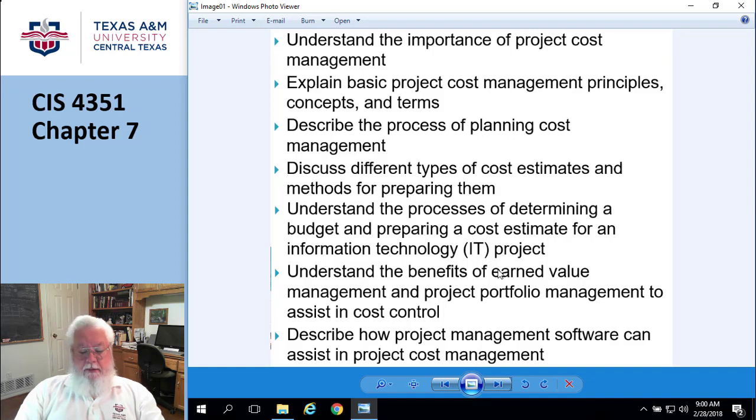Okay. But, in our world, cost is going to be money, okay? Yes, in theory, cost could include materials and people's time and all sorts of other things other than money. But in reality, when you really get down to it, we're talking money, okay?